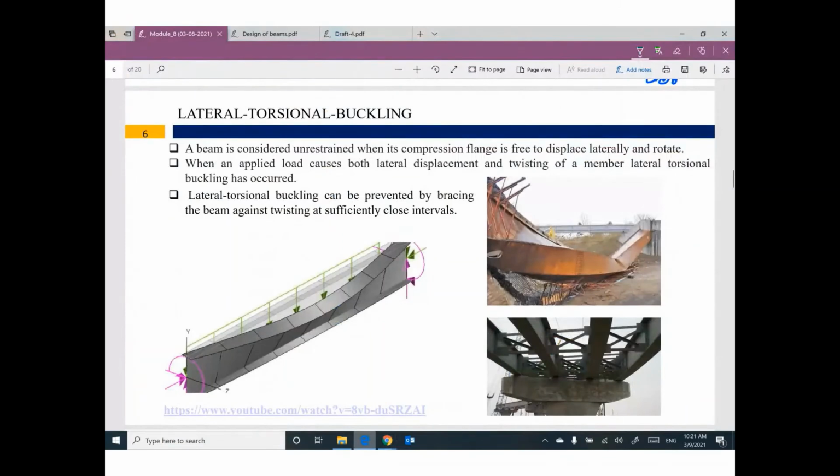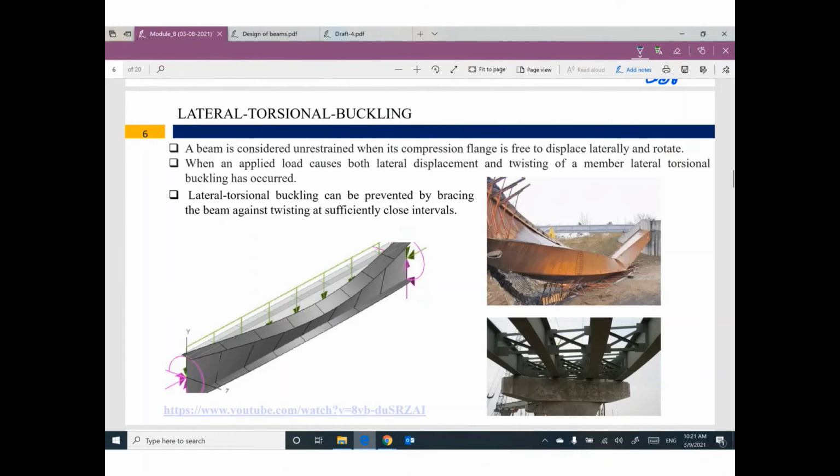Okay. Do you know the meaning of lateral torsional buckling? A beam is considered unrestrained when its compression flange is free to displace laterally and rotate.